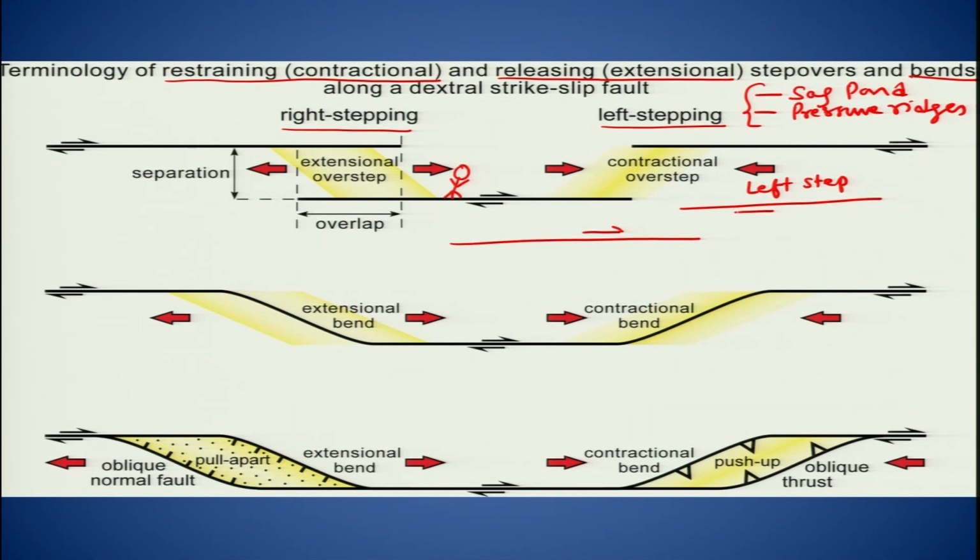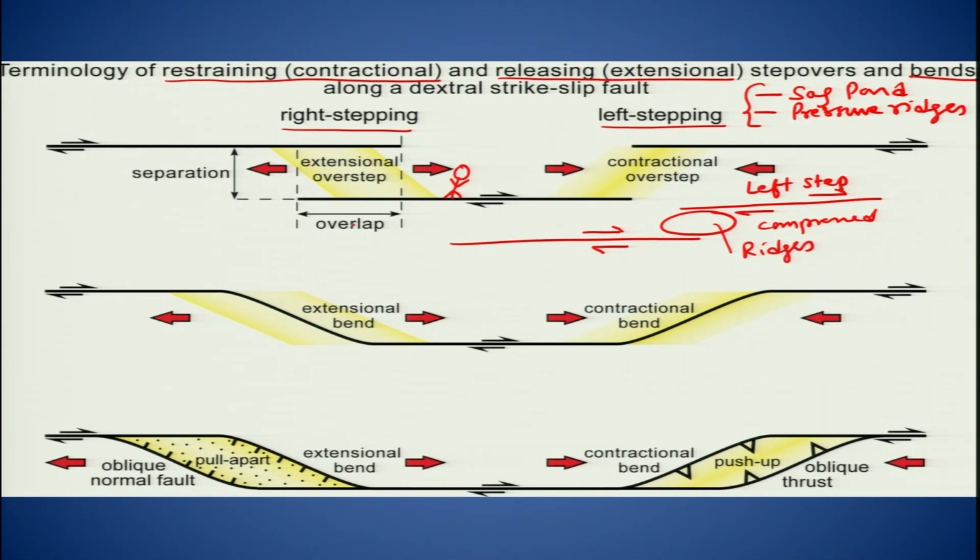So you have the right lateral movement. The right side is coming towards you, this is also moving away. So this portion is getting compressed, hence what you will see is the formation of ridges.